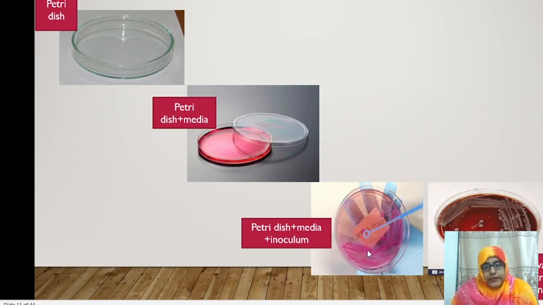Then we draw a pattern with the help of that inoculum loop, and after a certain time period, placing it in the oven for the required time period at the required temperature, you will see there is a growth of these bacteria. This whitish area shows that the sample was applied with this loop and then covered and placed in the oven.